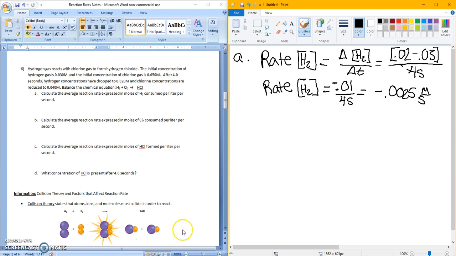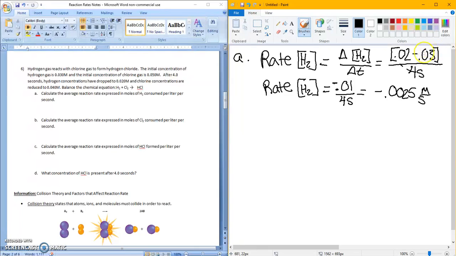All right, so now that you've given that a shot, let's look at A. The rate of hydrogen is equal to the change in concentration of hydrogen, so the change in molarity, which we symbolize with brackets, over the change in time. I read through my problem, and it said that hydrogen went from 0.03 molar to 0.02 molar.